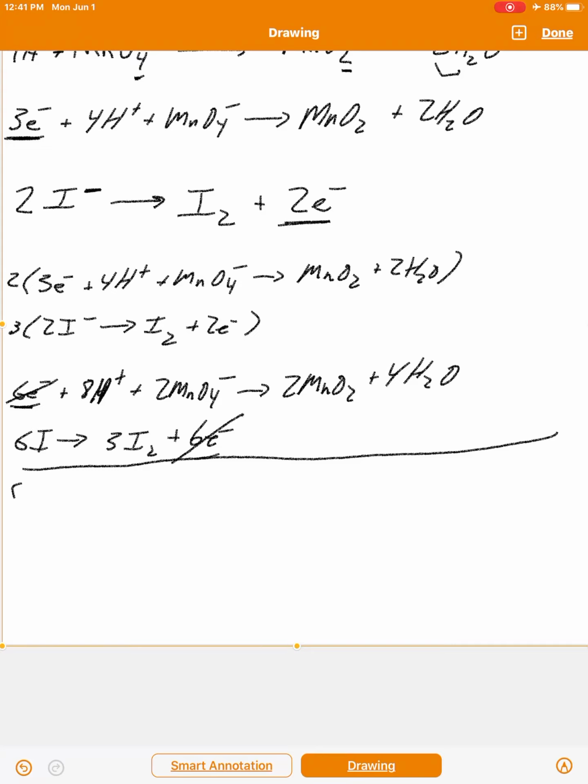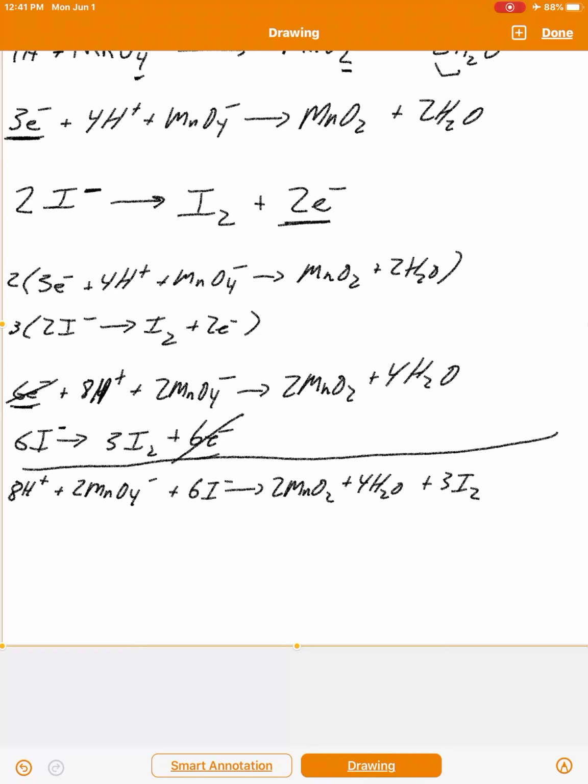I'm going to write it a little bit smaller. 8 hydrogen ions plus, this is a negative by the way, 2 permanganates plus 6 iodides. So those are the reactants. And then on the product side, you got 2 manganese dioxides, 4 waters, and 3 iodines.